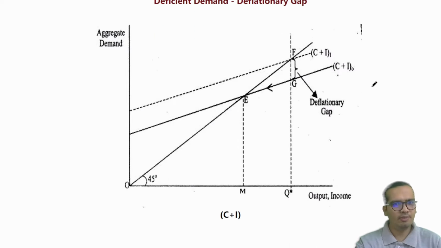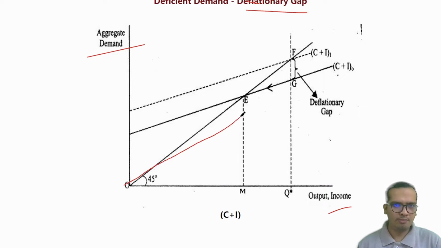So we have deficient demand and the deflationary gap, figure 1.2.5, where we have aggregate demand, output and income. This is the 45-degree line, this is the equilibrium point, and this gap is known as the deflationary gap, which is explained above.